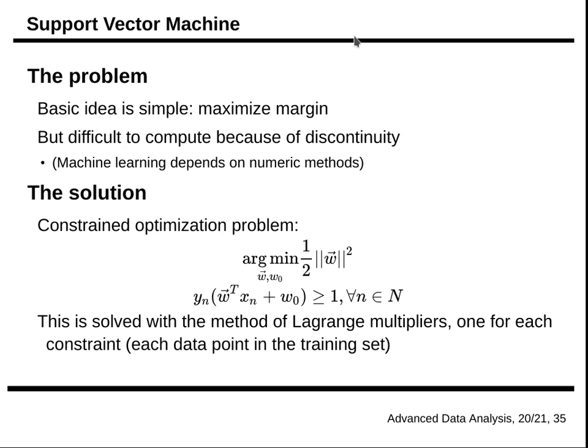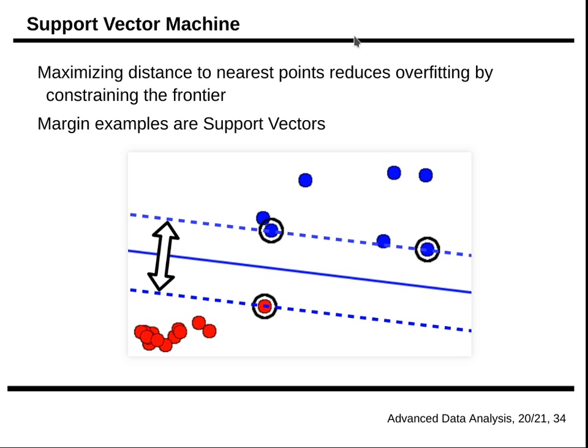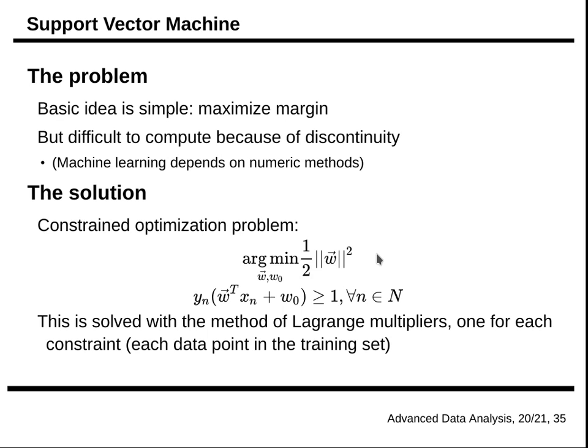We want to maximize the distance to the closest vectors, but it's not computable in this way with numerical methods, because when you change the direction and the position of the discriminant, you can change which points become the closest ones. And that causes discontinuities in the derivative of the function, so numeric methods cannot solve this problem directly.